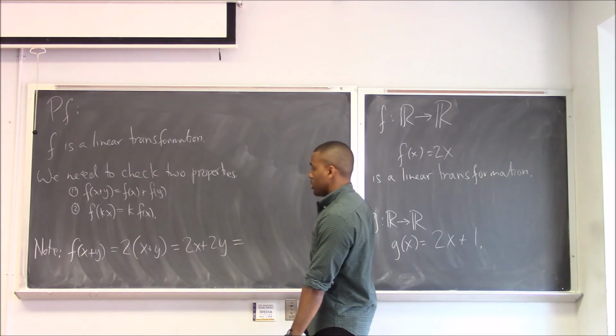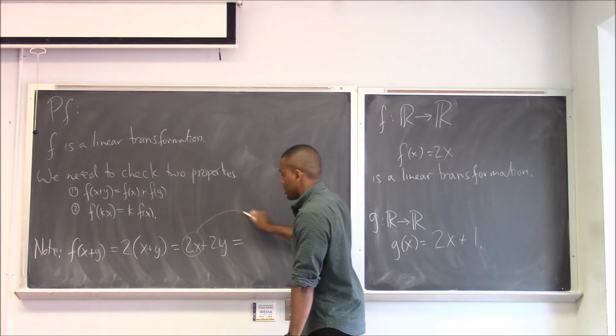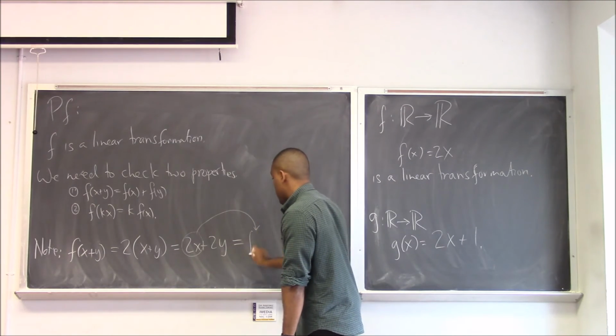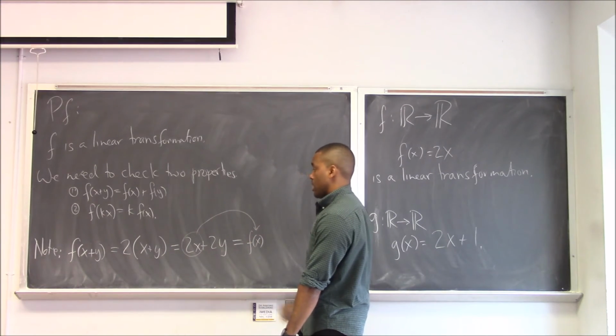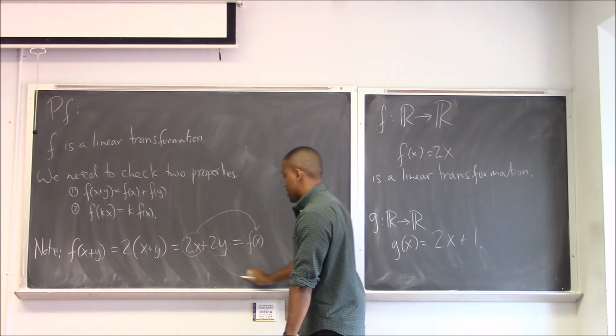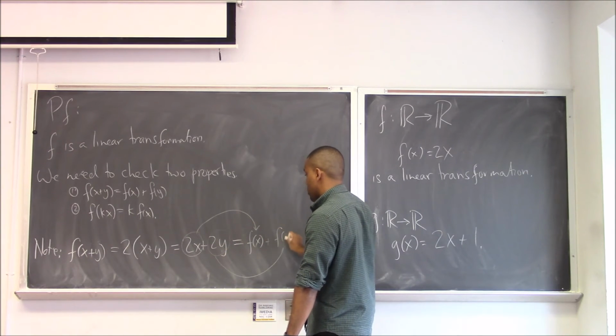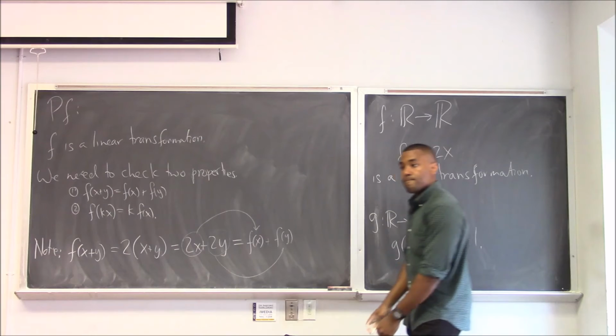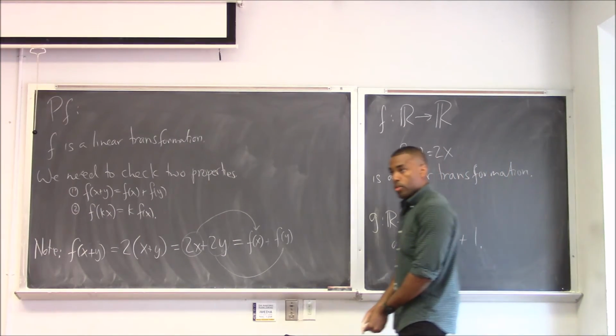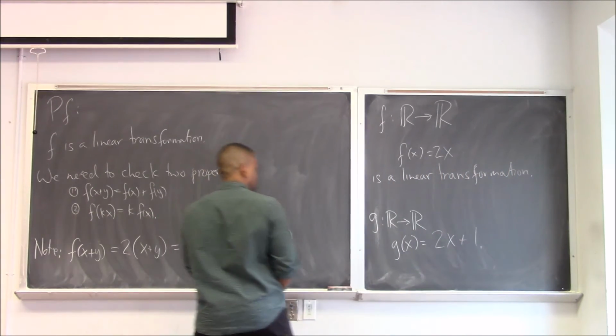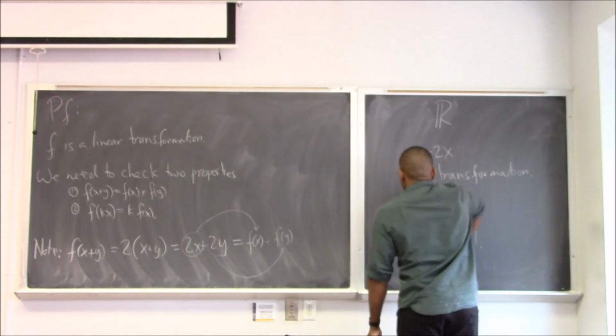But that is equal to, what is 2x? That was just f of x. And what is 2y? That is just f of y. So it fulfills the first property.